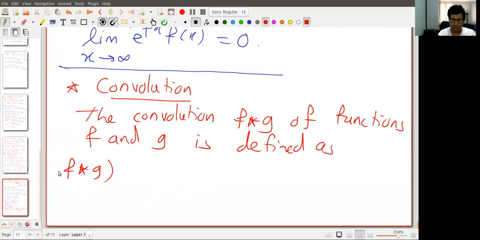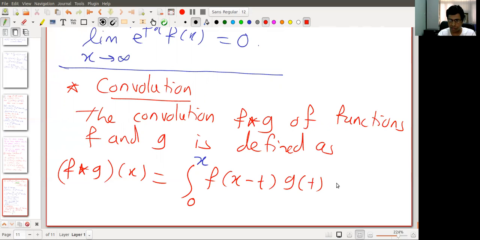f star g of x equal to integral from 0 to x, note that the upper limit is x, integral from 0 to x, f of x minus t, g of t dt. Here t is the integration variable.